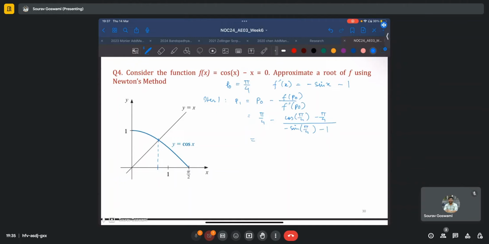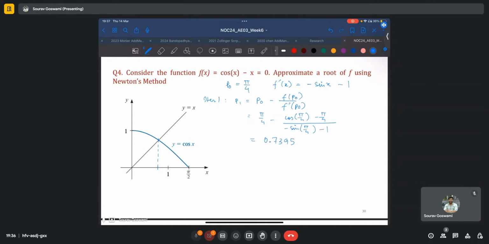and pi by 4 minus this answer is equal to 0.7395.